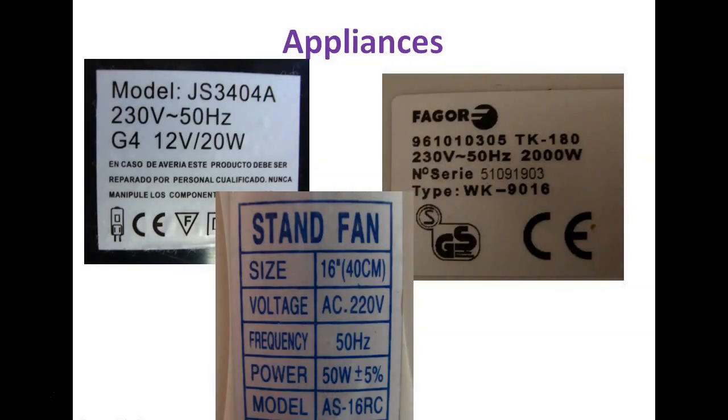If you look around your house, you'll see that the power rating is given on many appliances. Here are some that I found in my house. Here you can see this appliance operates at 20 watts. So that means 20 joules of electrical energy are transferred into other forms of energy per second.